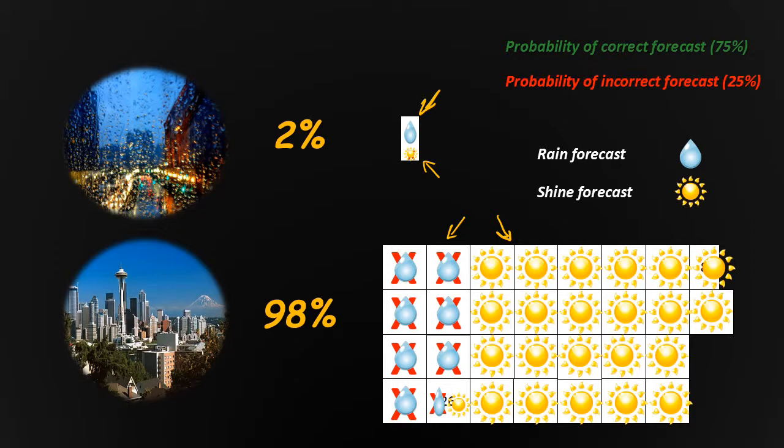I can see from this picture that I will get a rain forecast much more often on shine days than I will on rain days. Slightly less than 1 up here and more than 7 down here. What's so interesting is that almost all of these forecasts come on shine days.